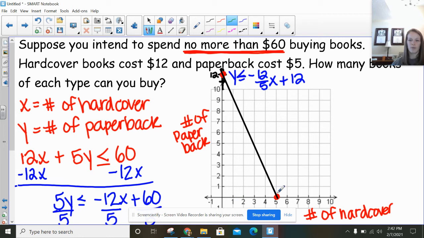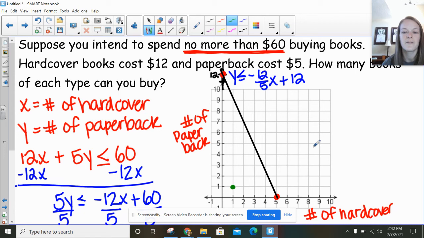Let's see, I'm trying to find one that would be easy to test. 4, nope, 2, nope, 1. Let's just do 1, 1. Okay. So this would mean if I bought one hardcover and one paperback, is that going to be less than 60?